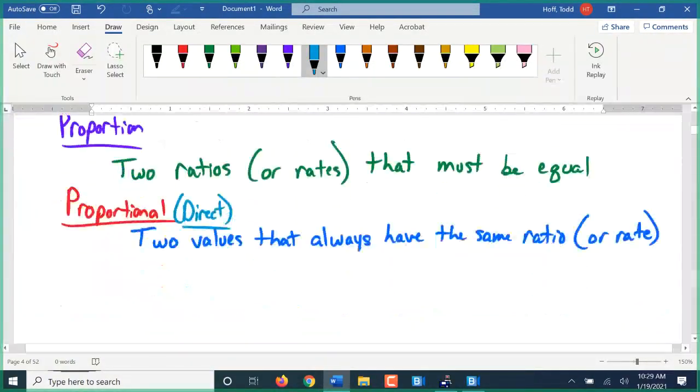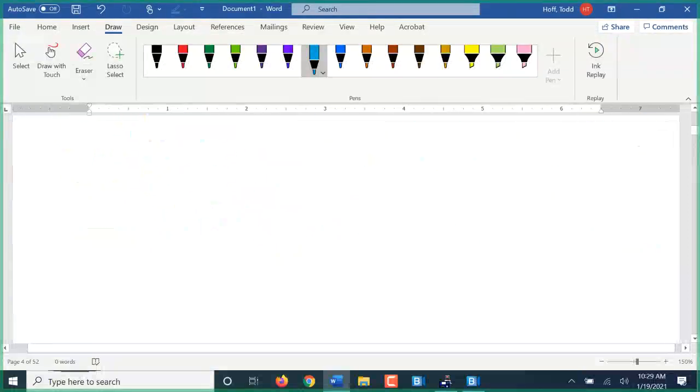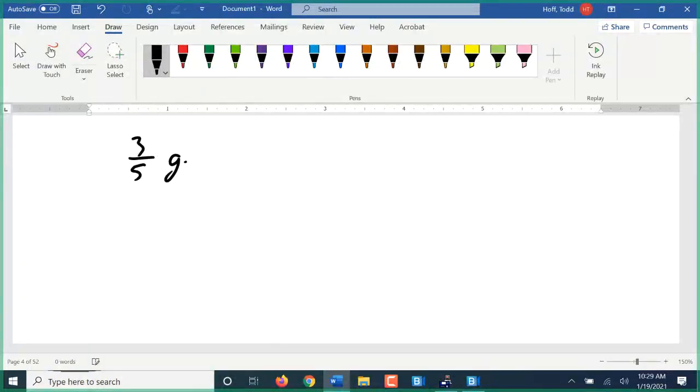We said a proportion is two rates or ratios that must be equal. Let's look at a gear ratio. We had that example up above where we had a 3-to-5 gear ratio. Let's say we have a machine that requires a 3-to-5 gear ratio between the motor and the interface with the rest of the machine.